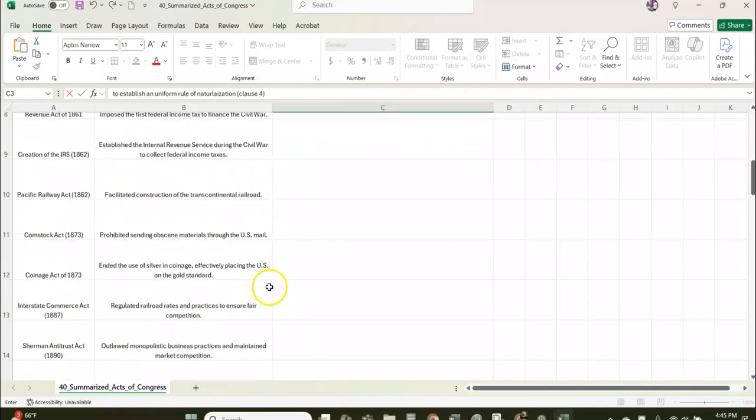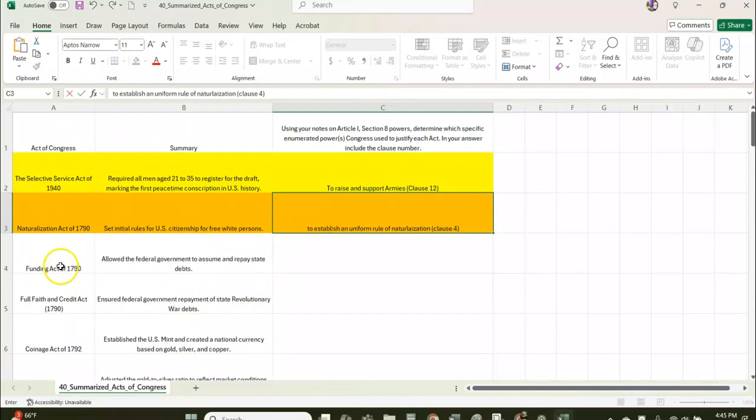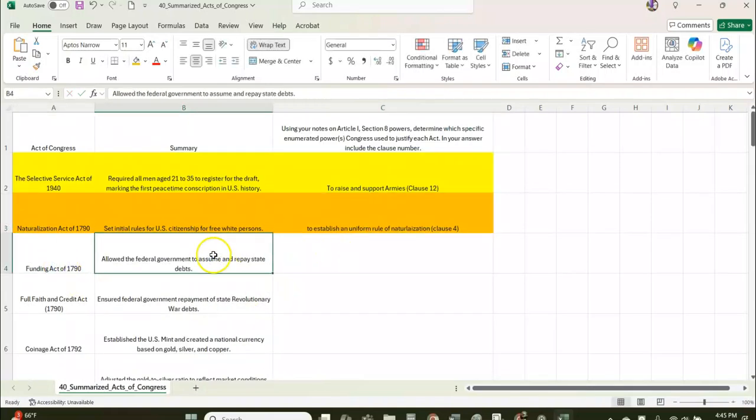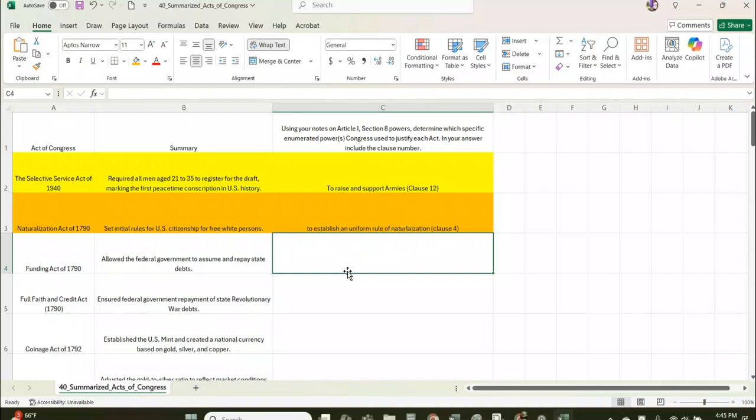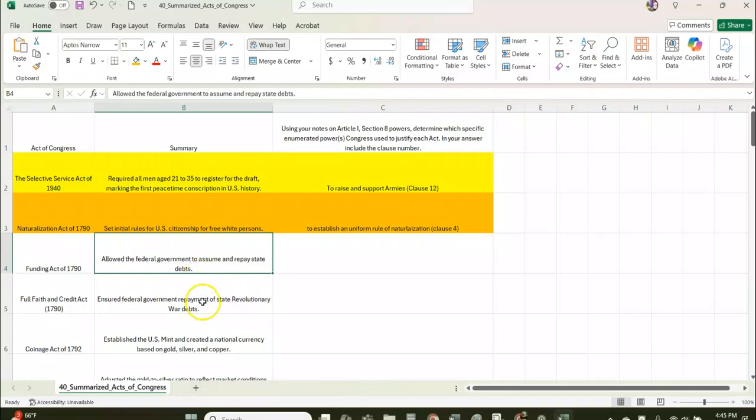So what you're doing with this is you are going to look at the law, what it says, and you're going to determine that this is not in the Constitution. None of this is written in the Constitution, but because there is a power given to them in one of those 17 with the connection of the elastic clause, they are then able to pass these pieces of legislation, and they're going to go all over the place.